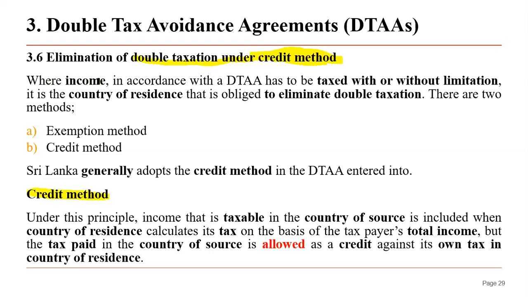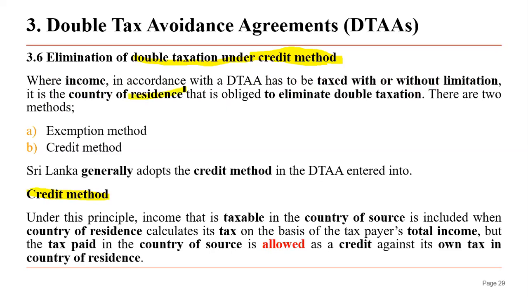Where the income, in accordance with the DTA, has to be taxed with or without limitation, it is the country of residence that has the obligation to eliminate the taxation.